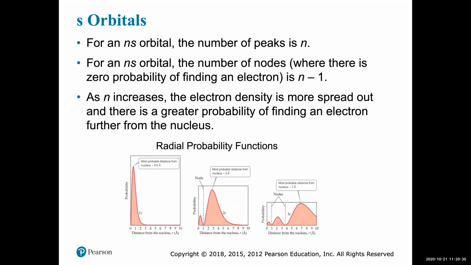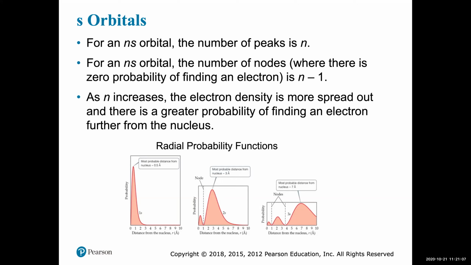The other thing that we have about the s orbitals is that if we look at these radial probability function plots at the bottom, the y-axis is the probability. So that means how likely are you to find the electrons there. And then the x-axis is the distance from the nucleus. We see that for the 1s, we're likely to find the electrons pretty close to the nucleus.